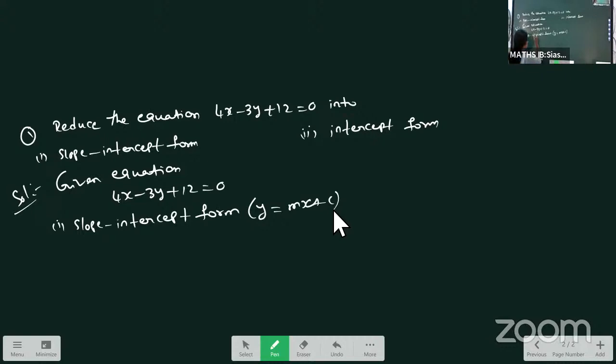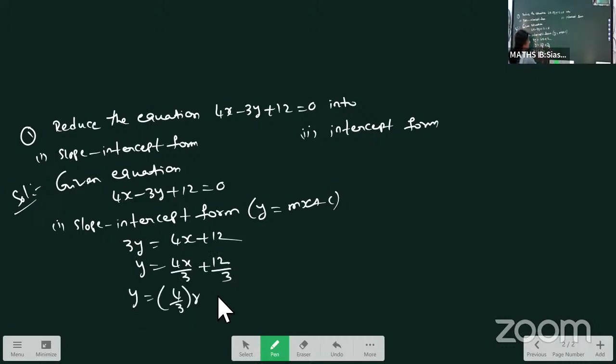In this, send 3y to the right side. What is left is 4x plus 12, and we want only y. So y is equal to 4x by 3 plus 12 by 3. So y is equal to 4 by 3 into x plus 4.